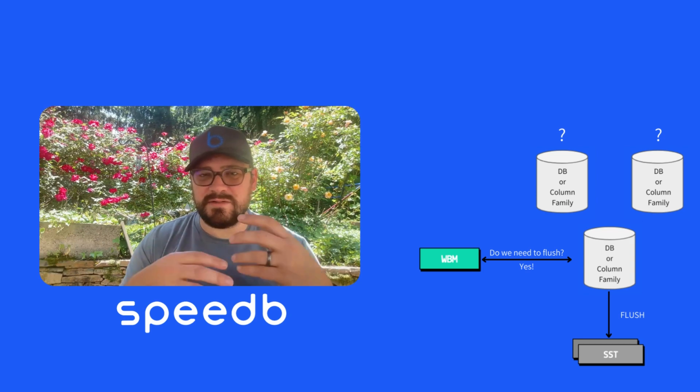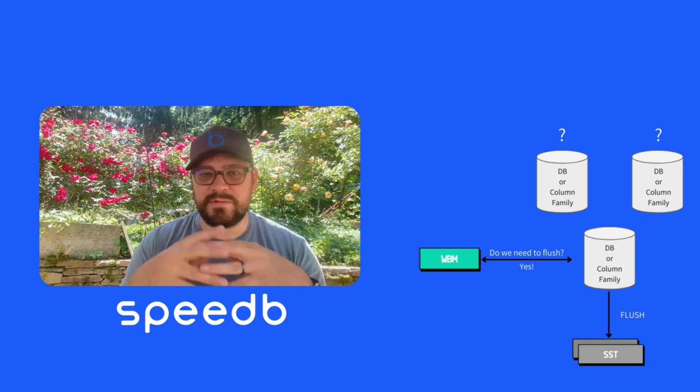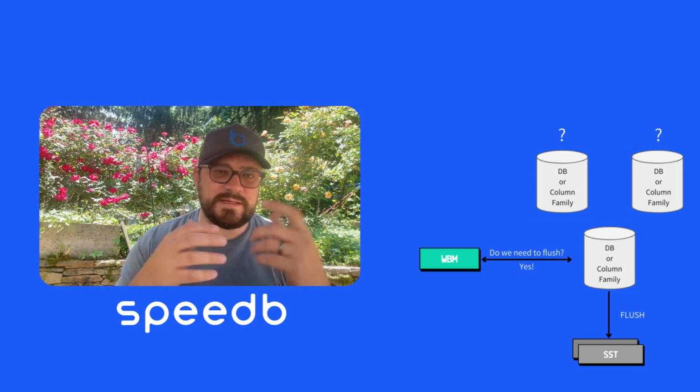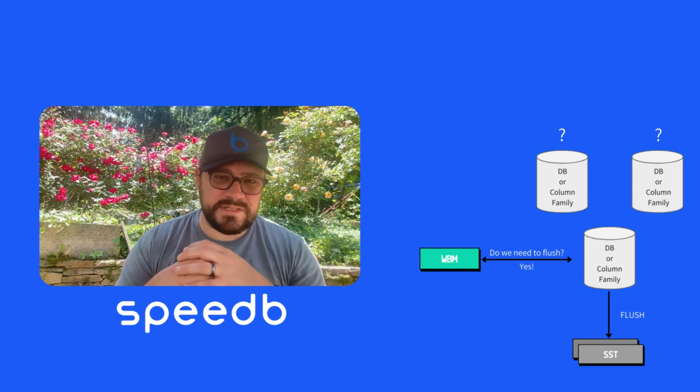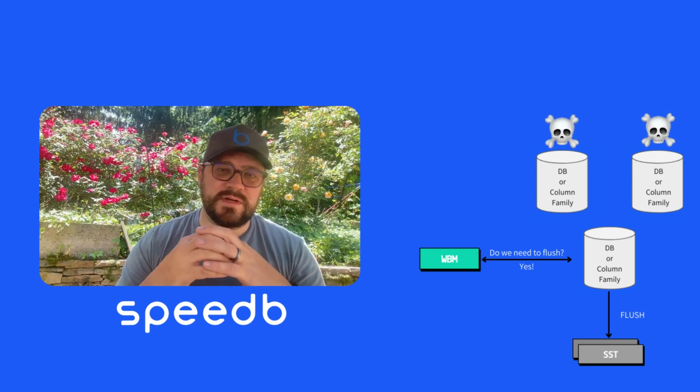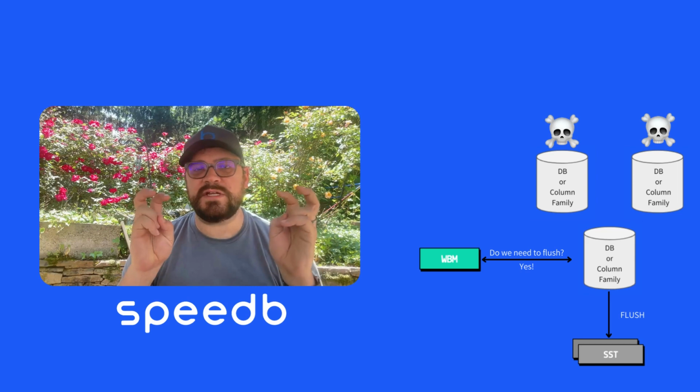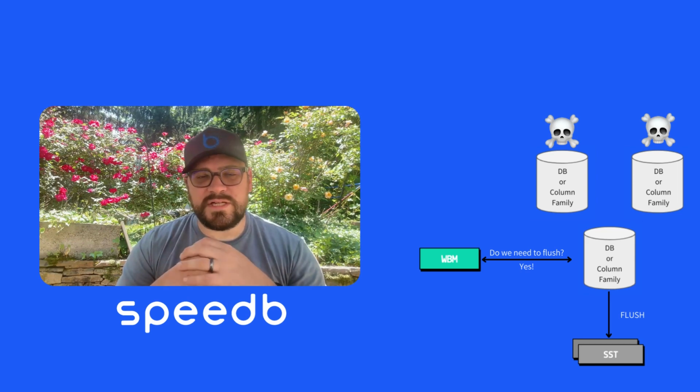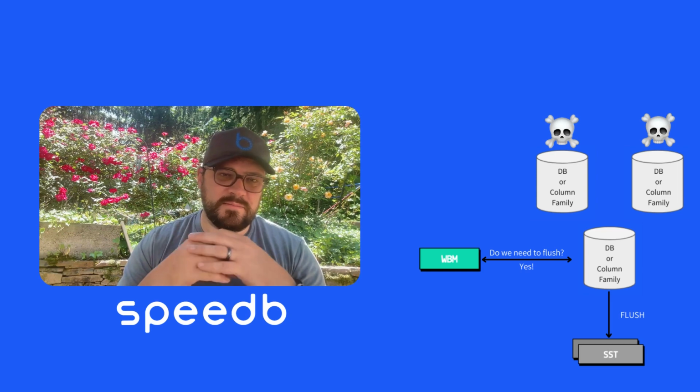And this is going to lead to more flushes than necessary happening, which is more performance impact. Also, these inactive databases and column families may be experiencing degradation in their performance due to constrained resources, aka starvation. So even a flush in the active database won't help performance as much as it could.